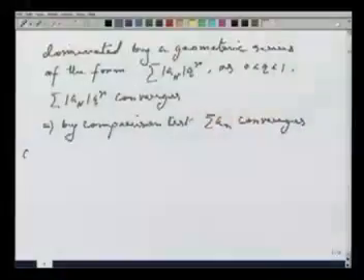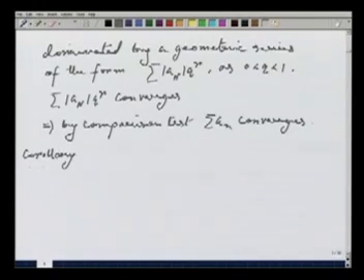Now once we have this, as a corollary we can have the standard statement of the ratio test, which you can have in many books, and that is in a form which is readily applicable.